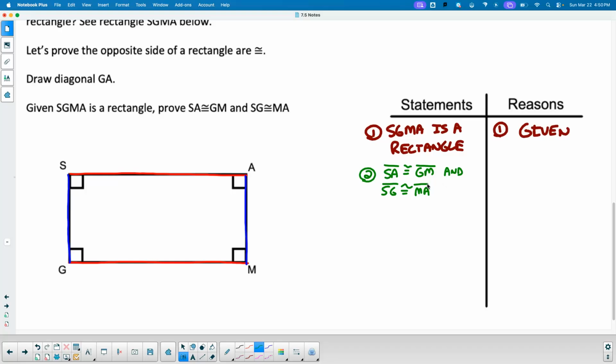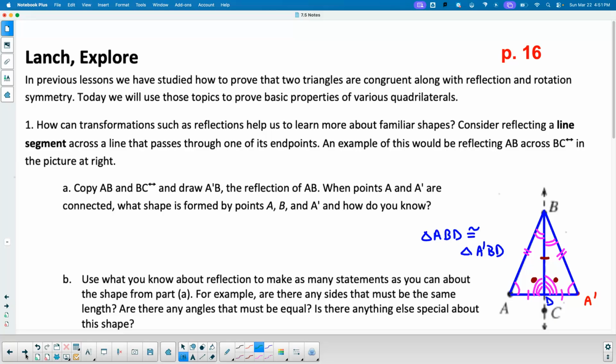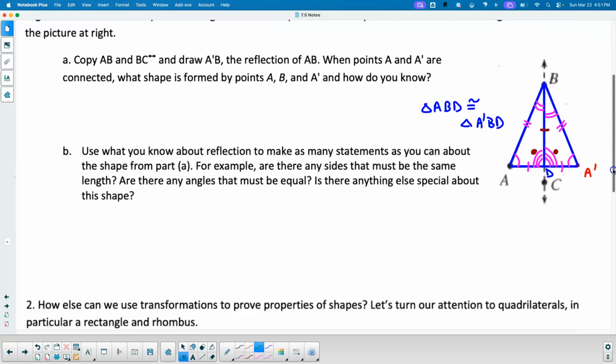One of the reasons that we could say here is rotational symmetry. We just proved that on the page right beforehand, we proved that there was rotational symmetry. I'll go back to it right here in number 2, that this has rotational symmetry of 180 degrees, which puts those opposite sides on top of one another. So we have that as a possible answer.